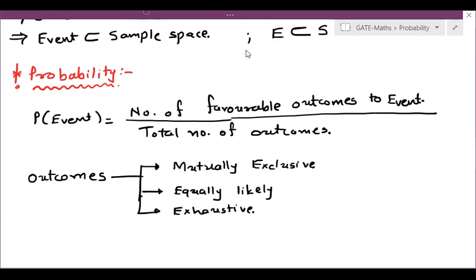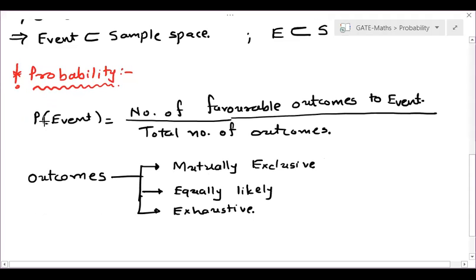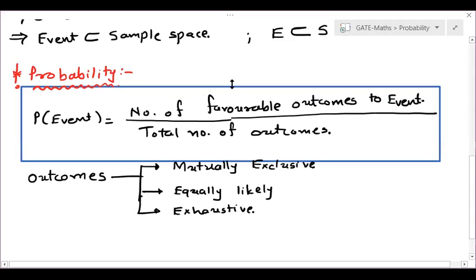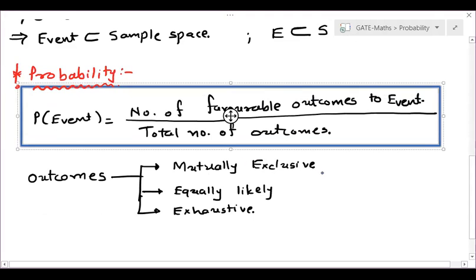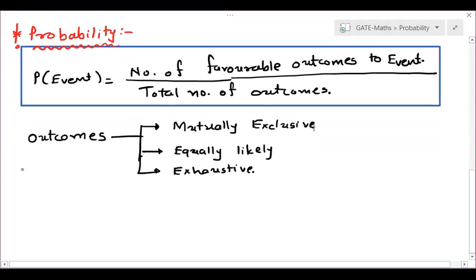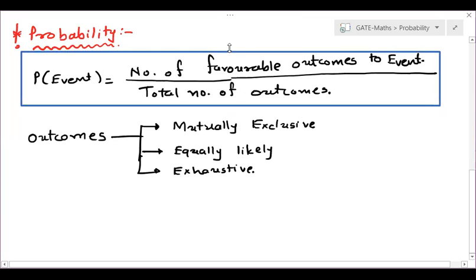So if I need to find the probability of any event, it is defined as number of favorable outcomes to that event divided by total number of outcomes. Okay. And suppose your number of favorable outcomes to any event is m.